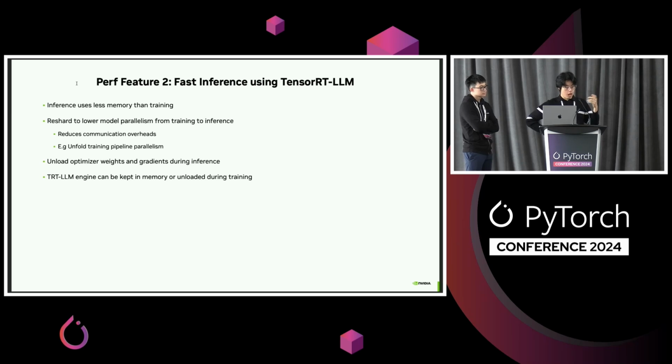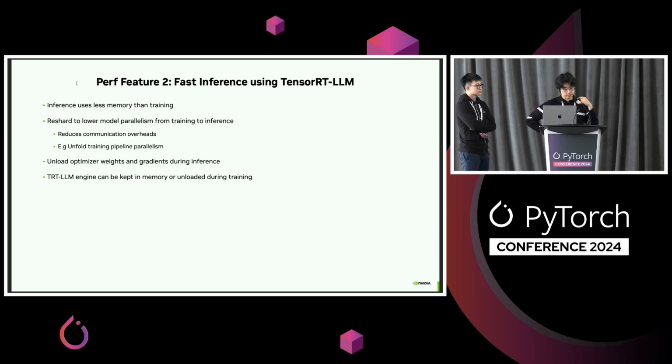In particular, what we commonly do is that we have the ability to unfold the training pipeline parallelism. So if for training we're using some pipeline parallel size, when we transition into the TRT inference stage, we unfold the pipeline parallelism and run that as data parallelism. This really improves our perf. Some other things we do is that, as I mentioned, we unload the optimizer and gradients.